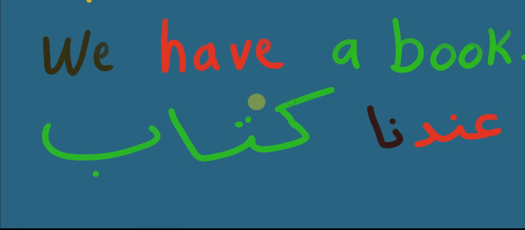It's implied or understood. A or an, another form of the same thing, indefinite article. If you're not indicating a specific book, just saying a book, it could be any book. So that's how this indefinite article is used.